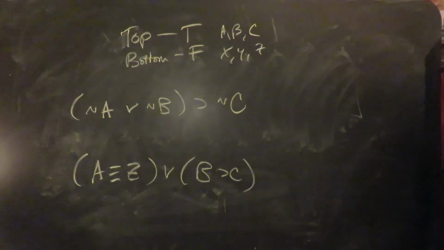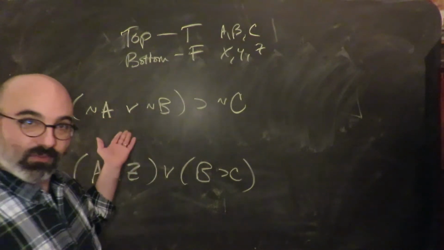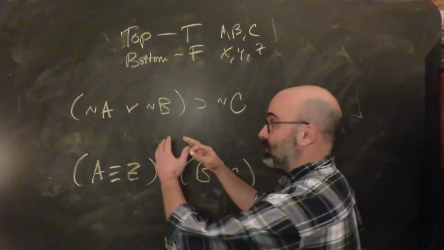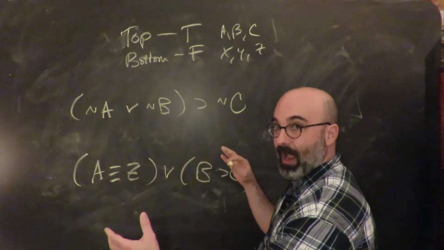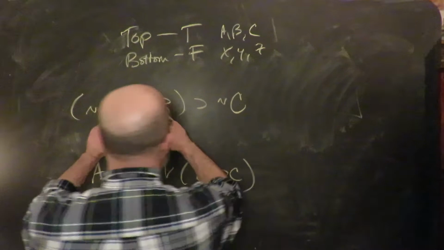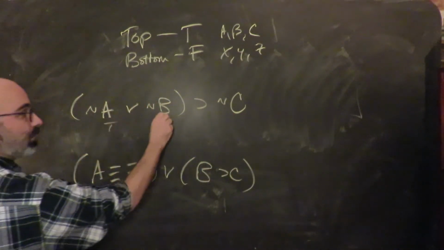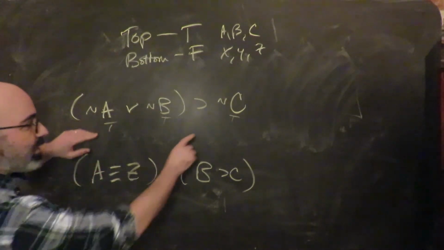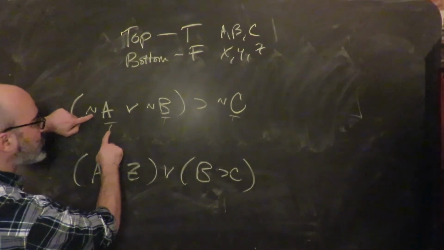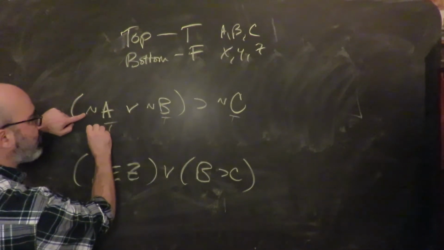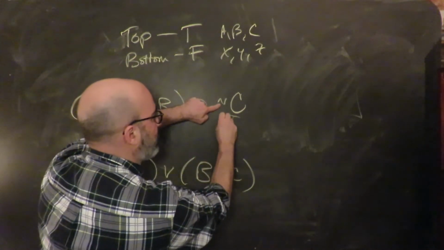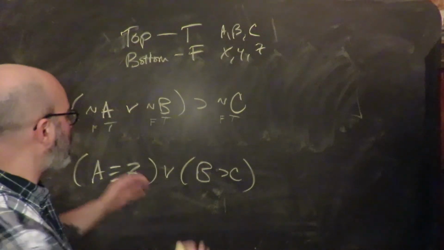Okay, so let's look at these 2. So let's start with this one on the top. So again, what we have to do is compute them from the inside out. Now, because A, B, and C are all true, we're going to get little trues in there. Now that we've got those little trues in there, we compute whatever's the next one out. That's going to be these negations. F, F, F. Okay, so far, so good.